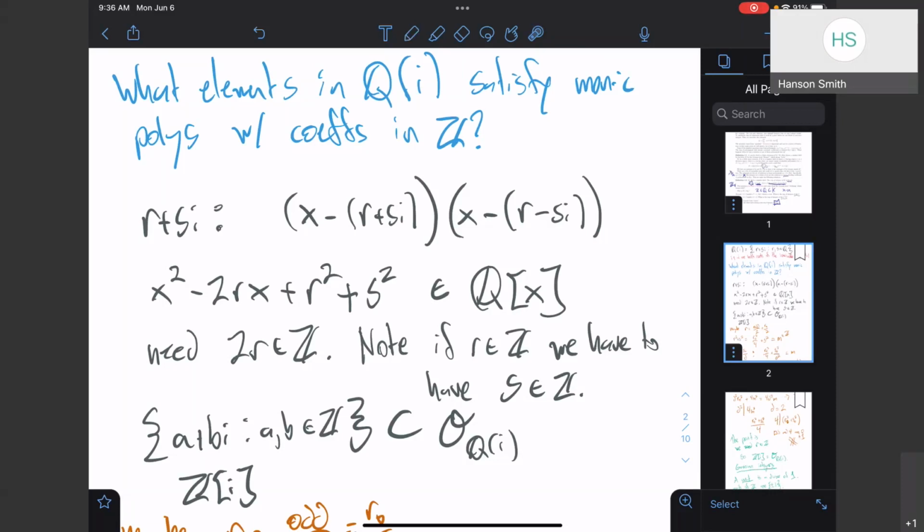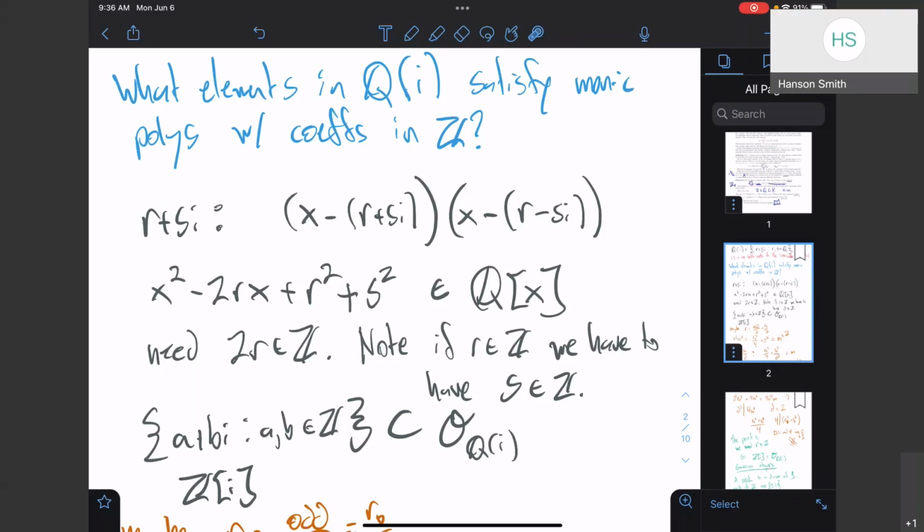Like here, if s was 0, we just get x minus r squared. So we can see this polynomial is too big, but the minimal polynomial of r is x minus r. Or, if r is a proper rational number, we clear the denominator and get the integer polynomial that's not monic.